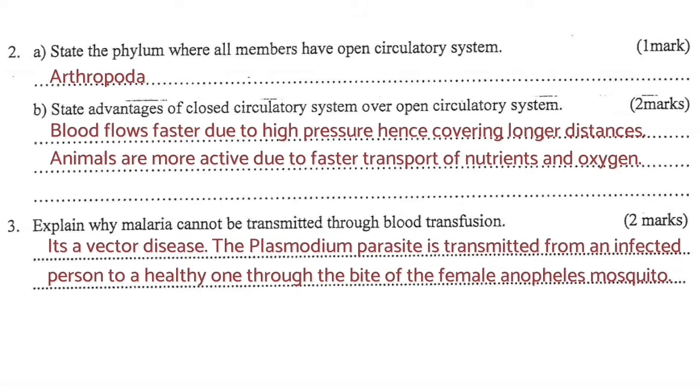When you have a blood transfusion, the parasites pass directly into the bloodstream of the recipient. So this can actually lead to a more severe onset of the disease. That is just a by the way. Nowadays, yes, we are aware that transfusion of blood can actually infect malaria from one person to another.